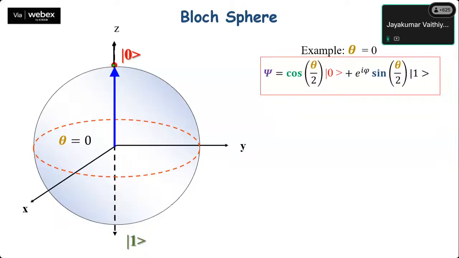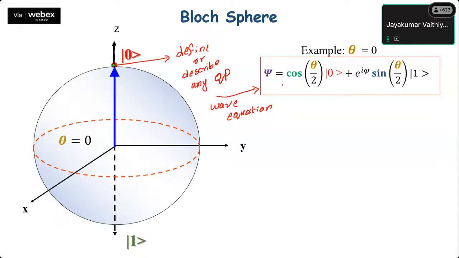So imagine if your angle is 0. Okay. So this equation is called the wave equation. If you want to define or describe any quantum particle, you need to know this equation.